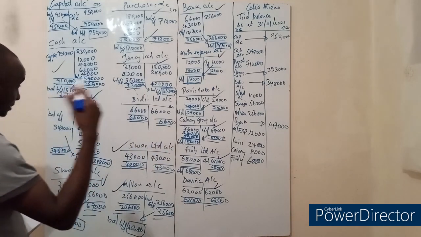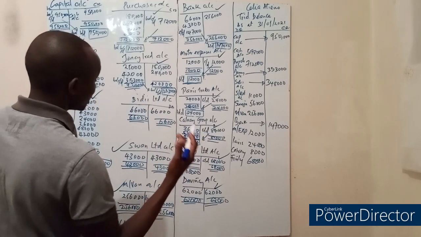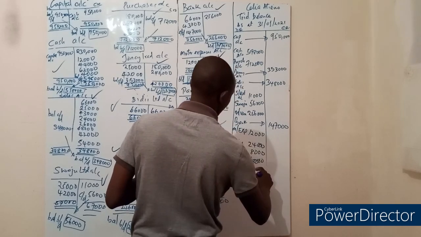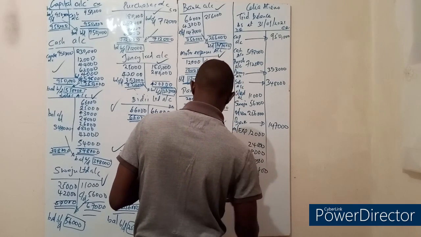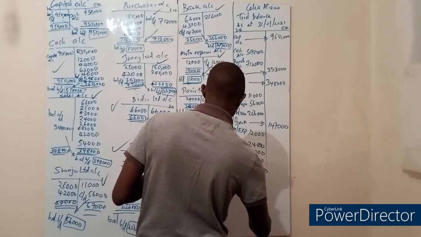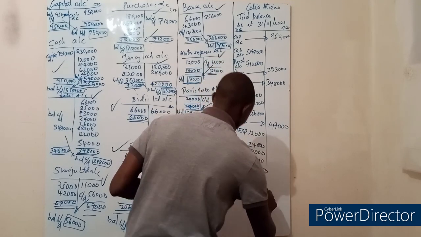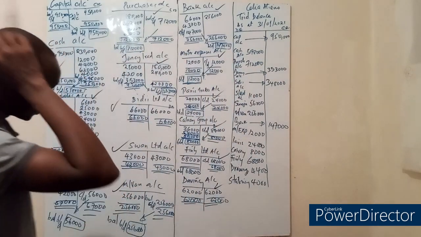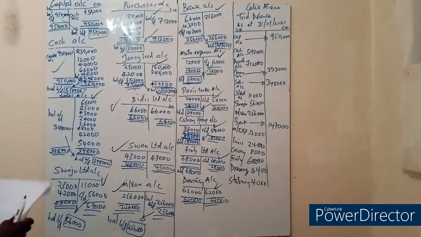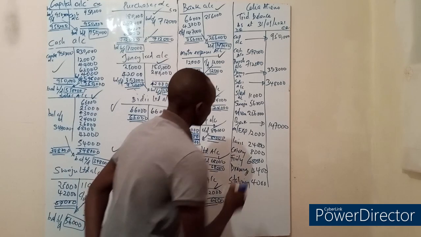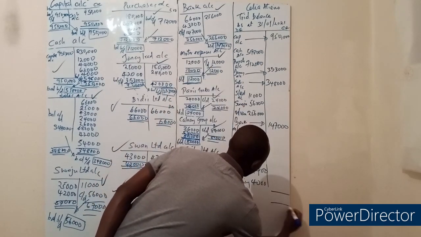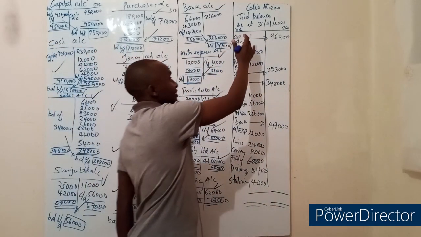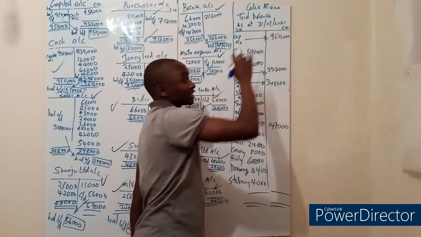And then remember, you have the drawings account. We had the drawings, which had the debit balance of 4,400, and then we had the stationery of 4,000 shillings, isn't it? So what have we forgotten here? I think nothing. So if you add these in the trial balance, the debit side must be equal to the credit side.